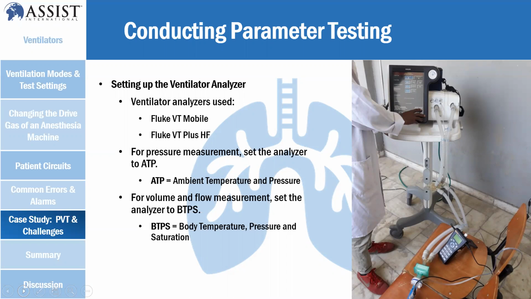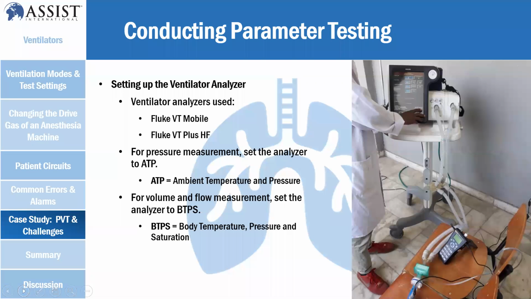They have BTPS, everything. So make sure you do the Y-type connection properly with the filter, everything. Set the analyzer to ATP if you're doing pressure. At the same time, use BTPS to run the analyzer for the volume as well, so you can see the difference actually.